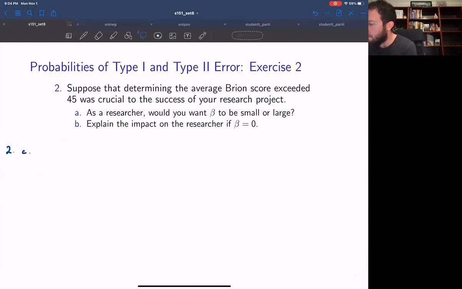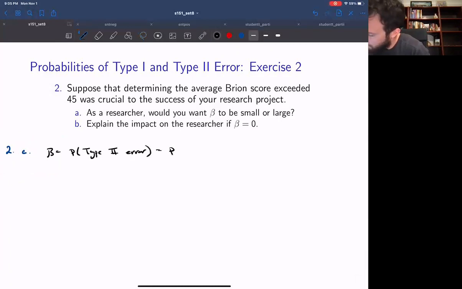Okay, suppose that determining the average Bryon score exceeded 45 was crucial to the success of your test. Would you want beta to be small or would you want beta to be large? Okay, so beta is the probability of a type 2 error, which is the probability of failing to reject given H naught is false.